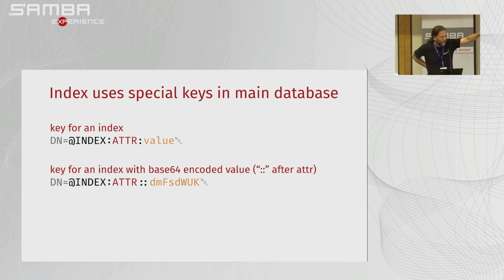That's telling you that value has been base 64 encoded. So you would do that maybe if the attribute was a GUID or something, I don't know, JPEG photo.